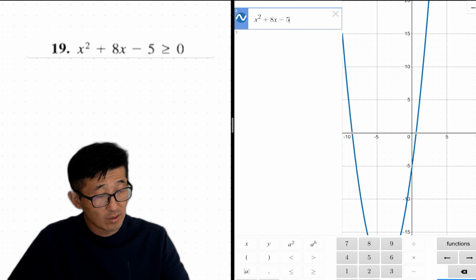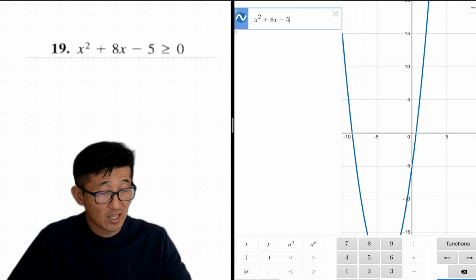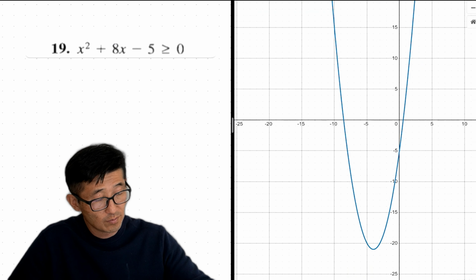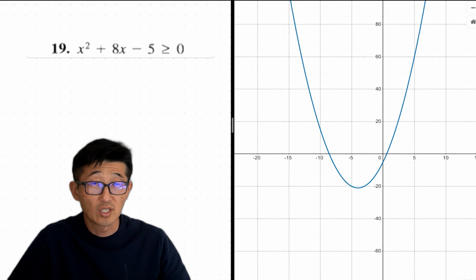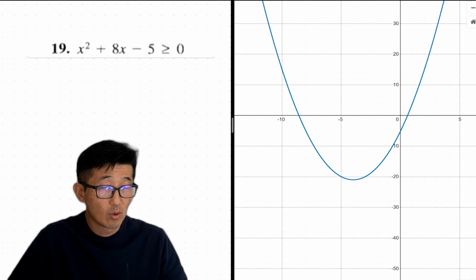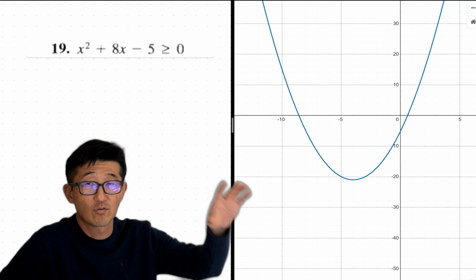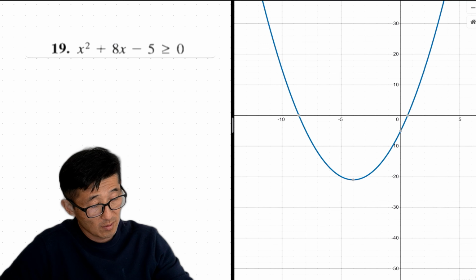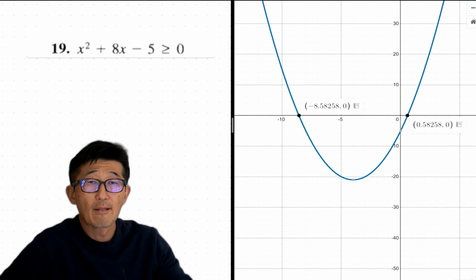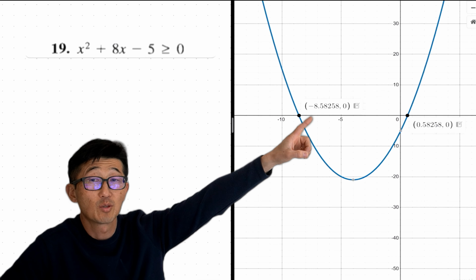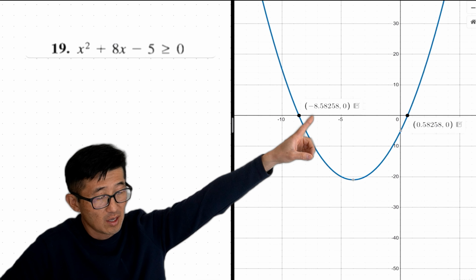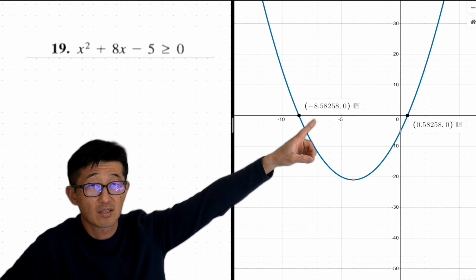Now this is going to graph it as if it's set equal to what? 0. Okay, so let me rearrange this. This is what it looks like. What are the two values that, according to this graph, will cause the expression to become 0? Negative 4 plus or minus radical 21. No, decimal wise. Negative 8.58. You guys get that?